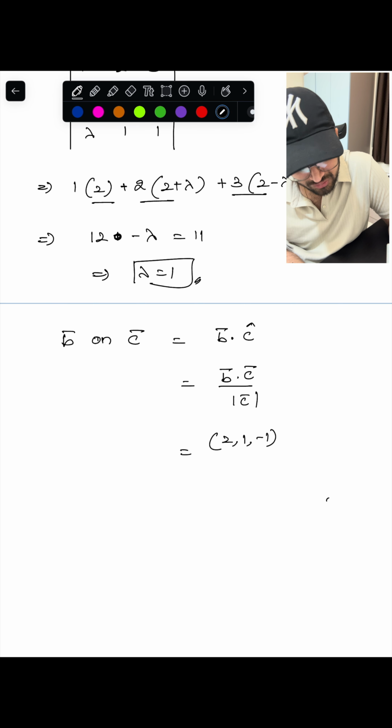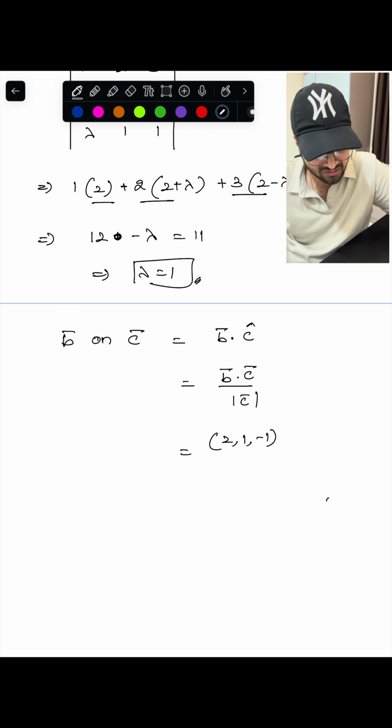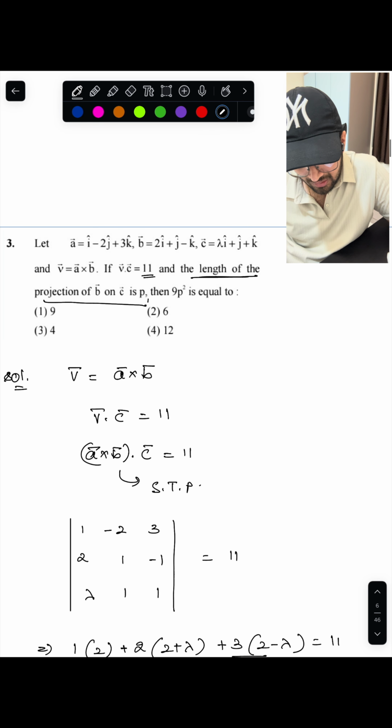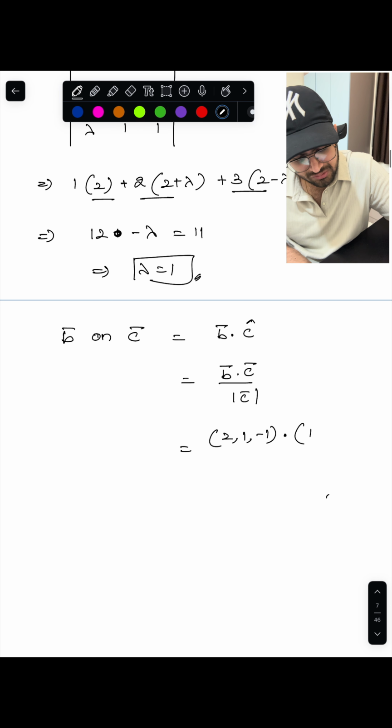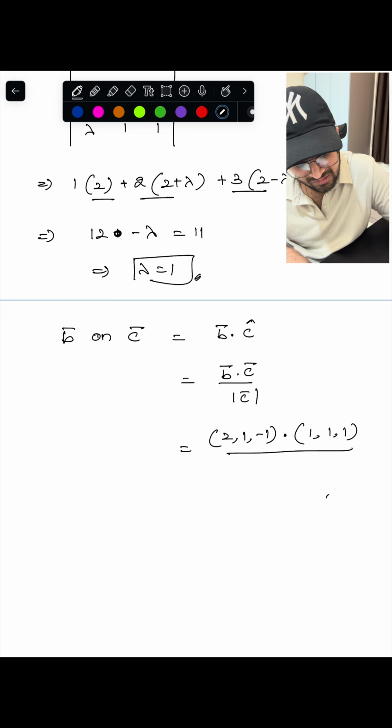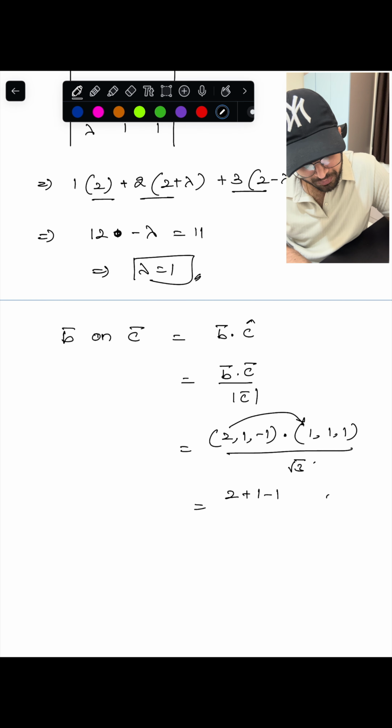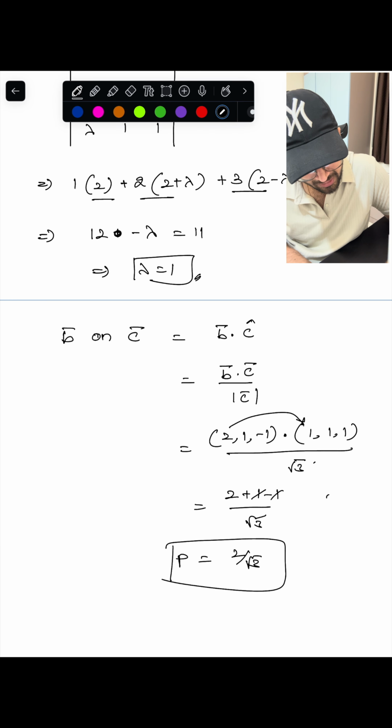You don't need to write i, j, k, just write like this, it will be easy to solve. And C bar is lambda, 1, 1, so lambda is also 1, so 1, 1, 1, by the magnitude of C bar, which is root 3. So 2 plus 1 minus 1 by root 3. So you are getting 2 by root 3. This is given as P.